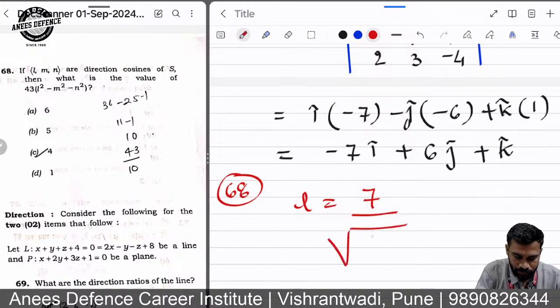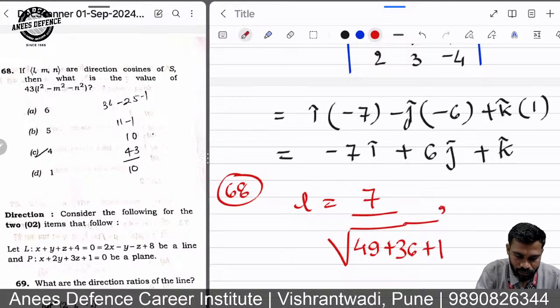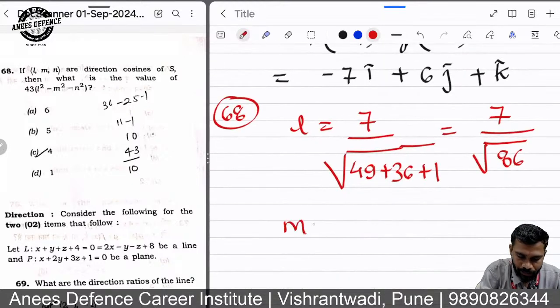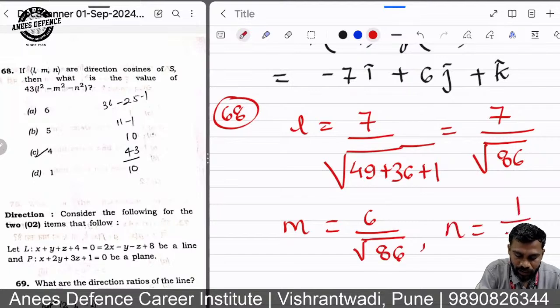So that will be 49 plus 36 plus 1, that is equal to 7 by root 86, I guess, right? Okay. Now, similarly, m will be 6 by root 86, and n will be equal to 1 by root 86. Yes or no? 1 by root 86.